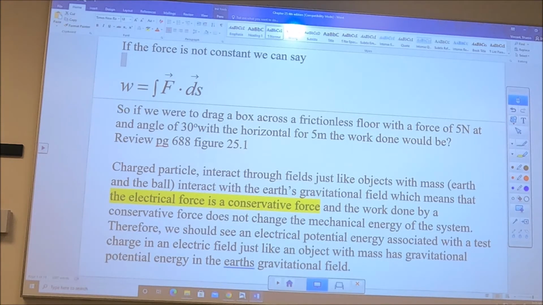So, if we're going to drag a box across a floor with a 5 Newton force that makes an angle of 30 degrees with the horizontal for 5 meters, then we could calculate the work.